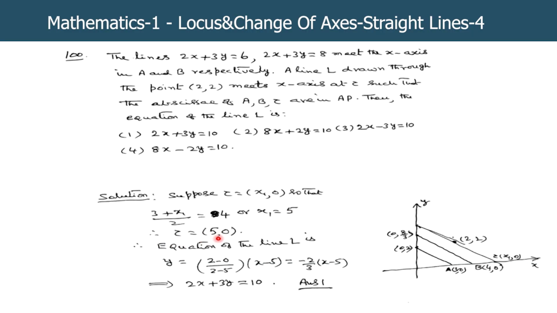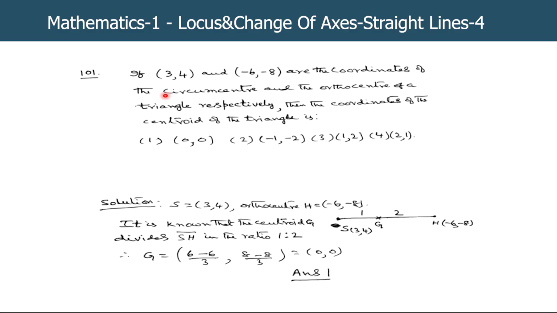So, therefore, C is equal to 5 comma 0. Equation of the line L is y is equal to 2 minus 0 by 2 minus 5 into x minus 5, which is 2x plus 3y is equal to 10. 2x plus 3y is equal to 10 means answer option number 1.